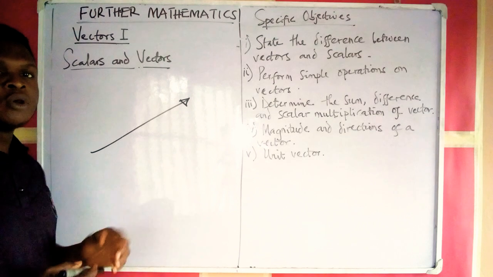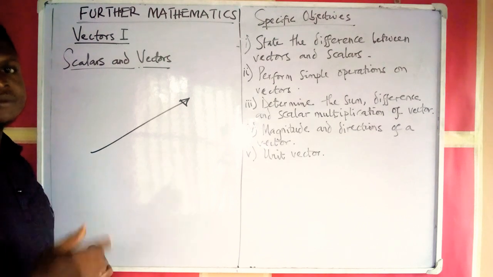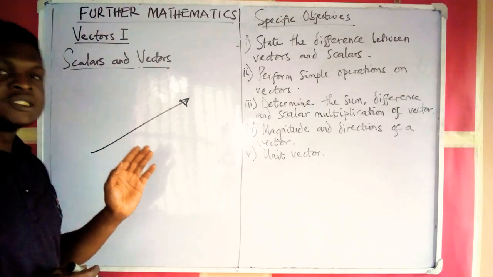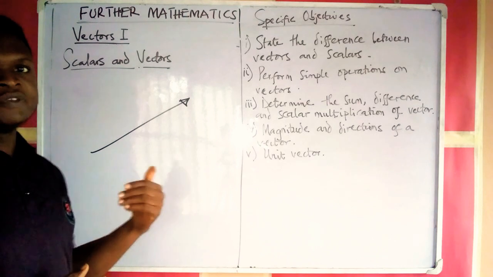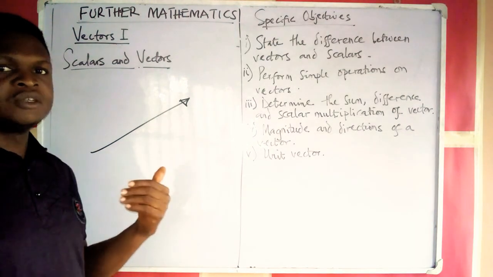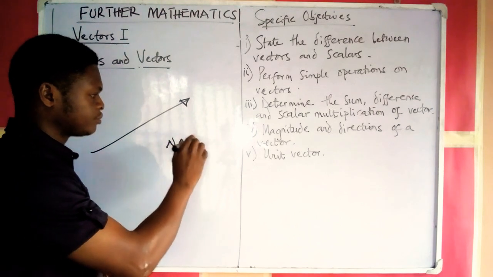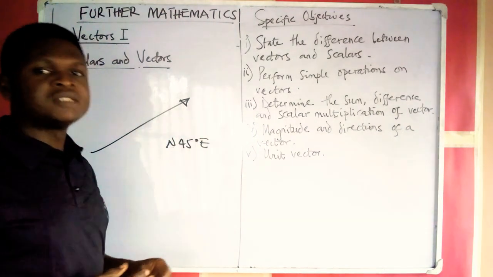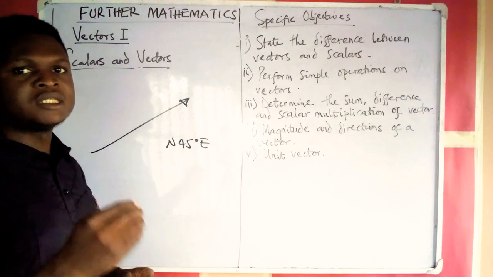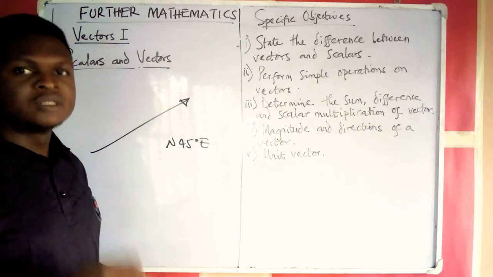Now let's take an example. If we consider a point, let's say B, from another point A, which is 50 kilometers in the direction of north 45 degrees east. This simple statement I made can be represented with a vector diagram.